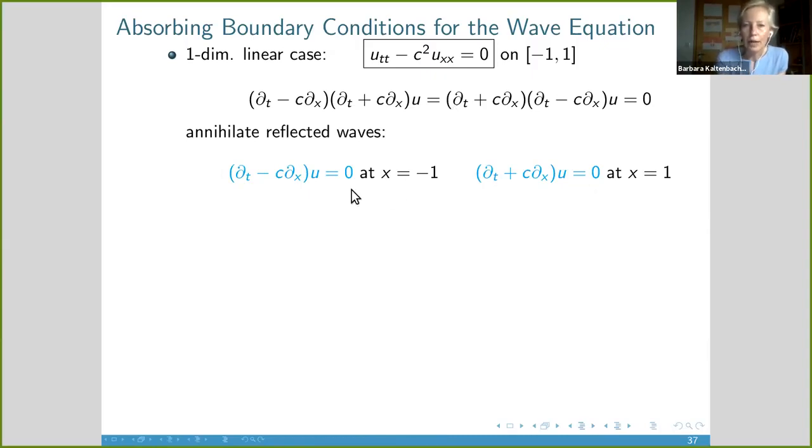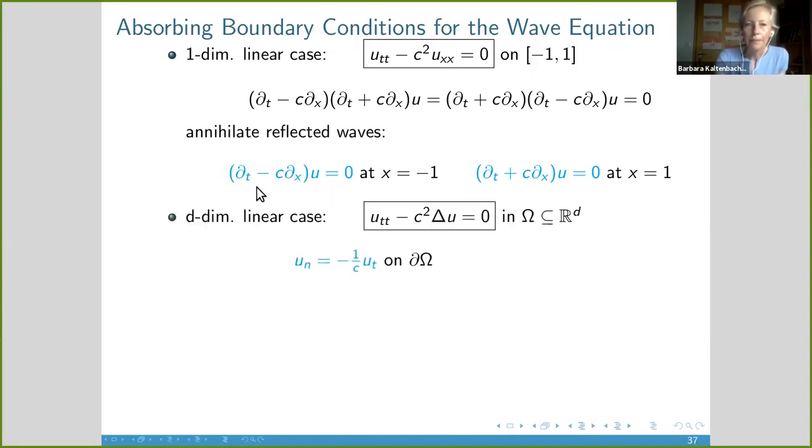And this can be generally written as the normal derivative, either plus or minus dxu, being equal to a multiple of the time derivative on the boundary. This also works in higher space dimensions, but these, as they are called zero-order non-reflecting boundary conditions, only avoid reflections of waves that hit the boundary really in perpendicular directions.